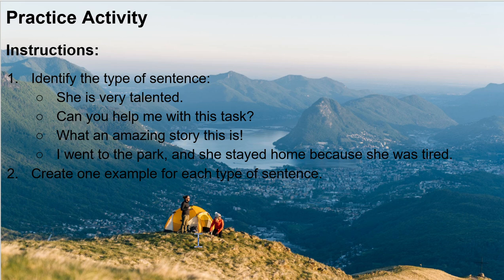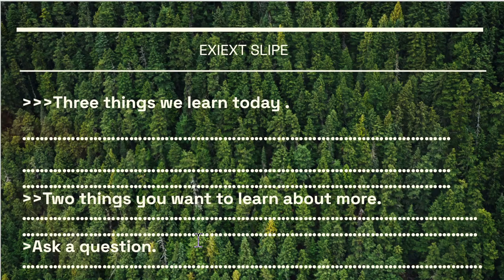Please complete this work and send it to me through email, and I will check your answers and send them back to you. Today, make your exit clip: three things you learned today, two things you want to learn more about, and ask a question.